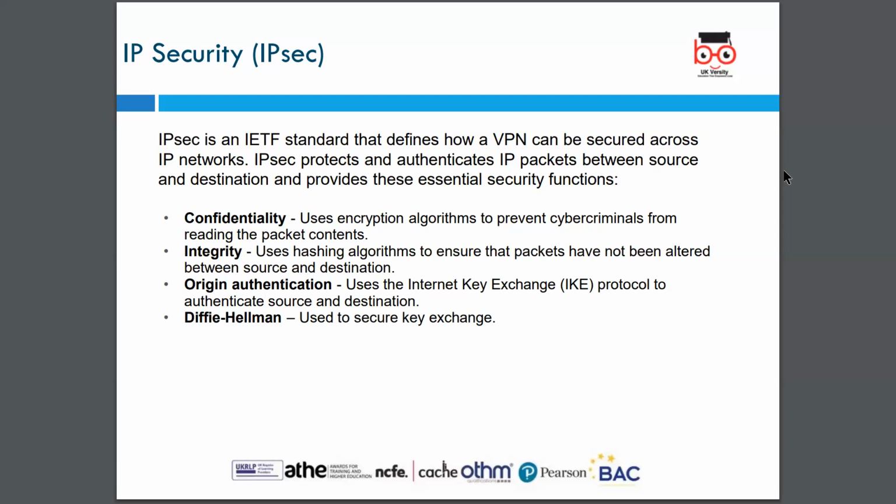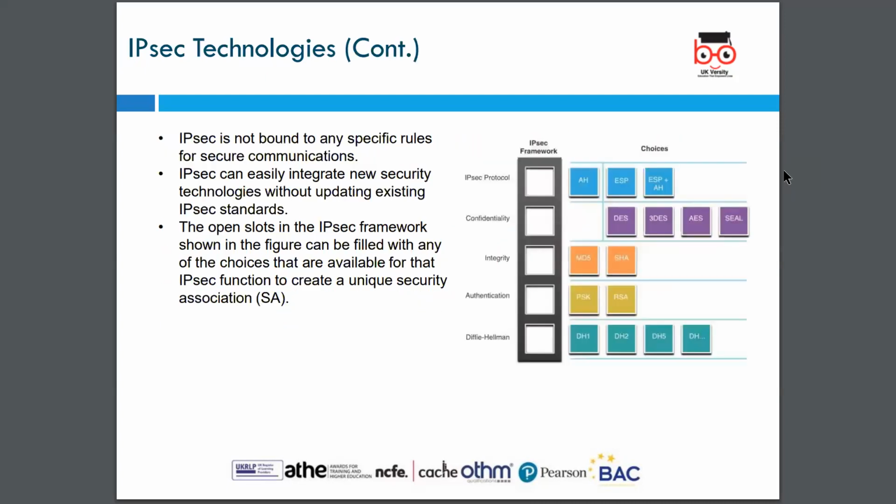Integrity: the message, from its initial point to the end point, has to maintain its integrity, which means that no one unauthorized can alter the information sent by the user. Then we have origin authentication, which uses the Internet Key Exchange protocol to authenticate source and destination. And then we have Diffie-Hellman, which is used to secure key exchange.